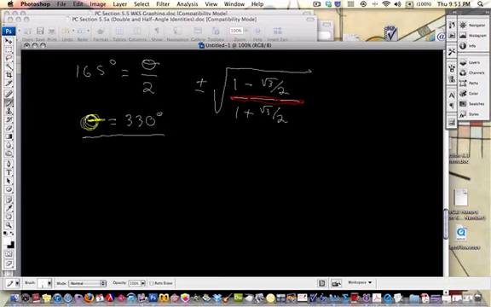To subtract the 1 minus root 3 over 2, we need a common denominator. So I'm going to erase the 1 and replace it with a 2 over 2, and the same thing here.